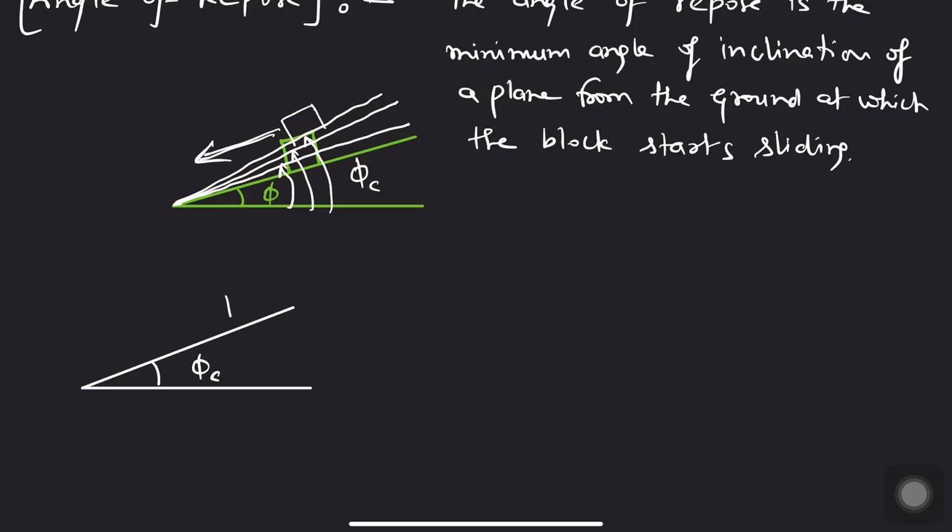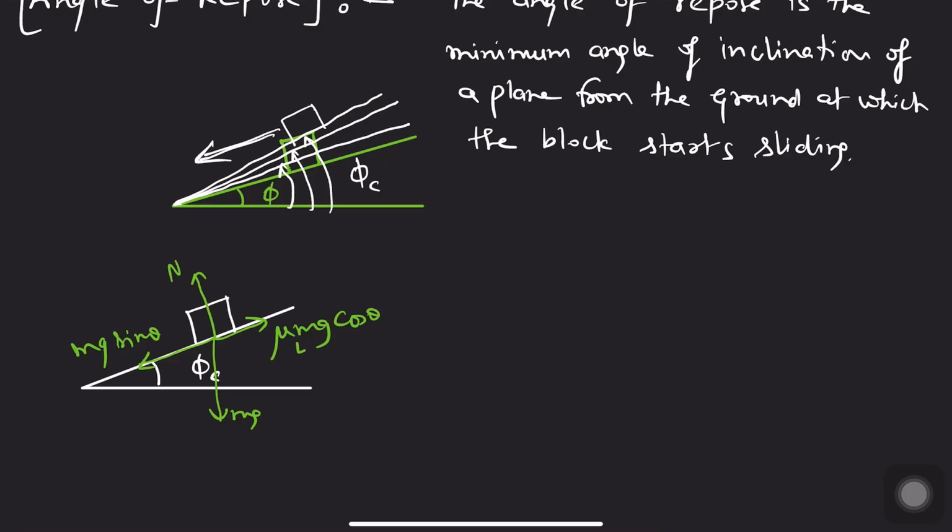If I make the FBD of this body, there would be a normal force and mg. Because the sliding is happening, there would be one component along the incline, mg sin theta. And if sliding has just started, the friction will be mu mg cos theta, where this mu will be mu limiting.